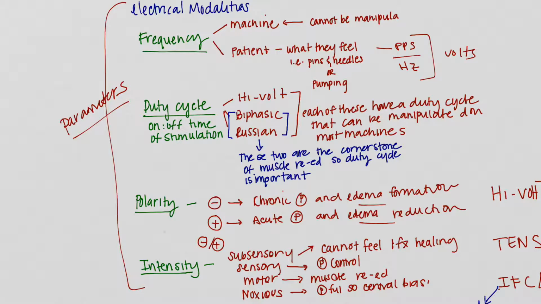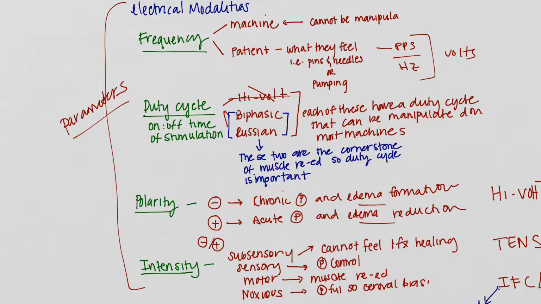Now, of course, I have listed high volt in the muscle re-ed section, but most often, typically, we're not using high volt for muscle re-education. Most often we're using our biphasic and our Russian stim, but this duty cycle certainly is something that can be manipulated in the high volt electrical stimulation. So just something to keep in mind.